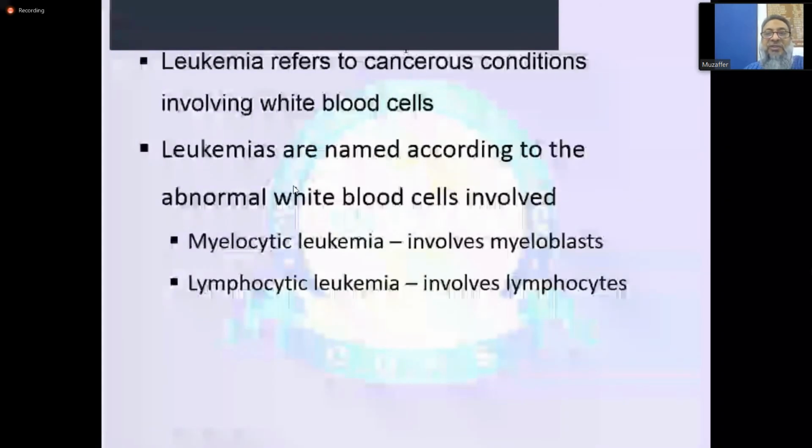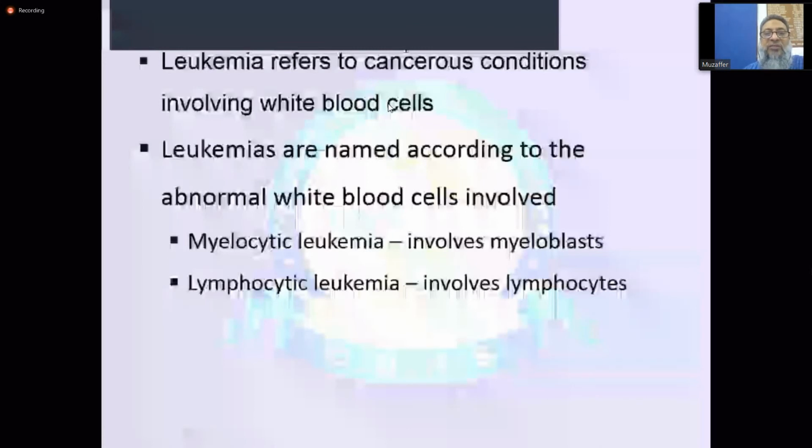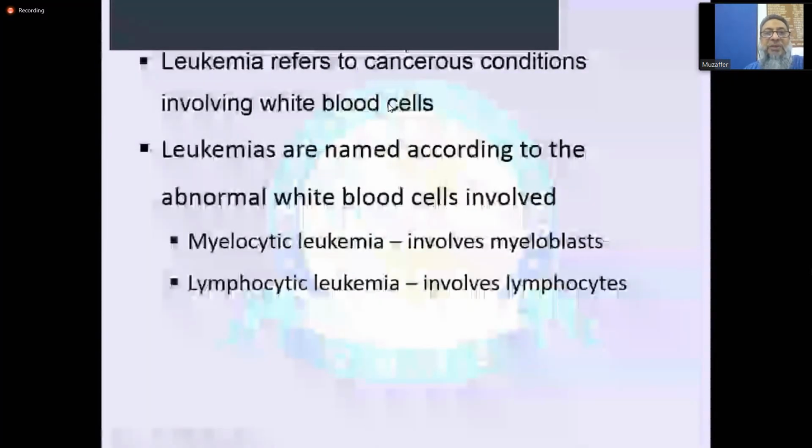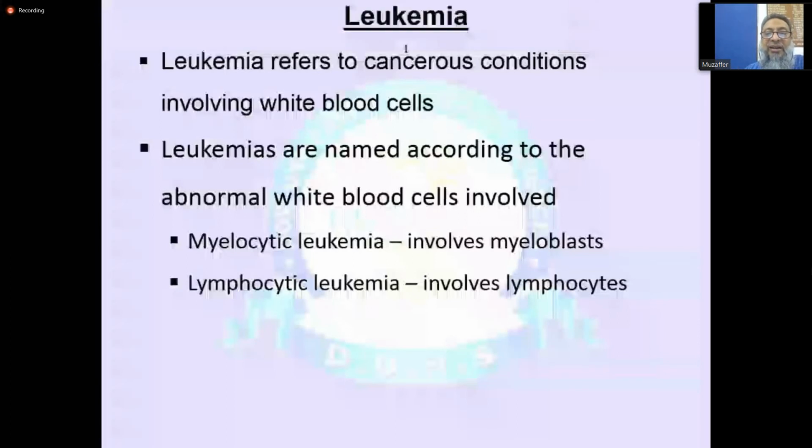In the case when there is an abnormality, and this abnormality refers to leukemia, which is a cancerous condition involving the white blood cells. What happens in this? Leukemias are named according to the type of abnormal cells involved. Suppose myelocytic leukemia means when the myeloblasts are involved, and myeloblasts provide the neutrophil, eosinophil, and basophil.